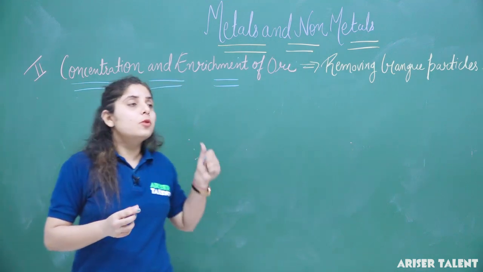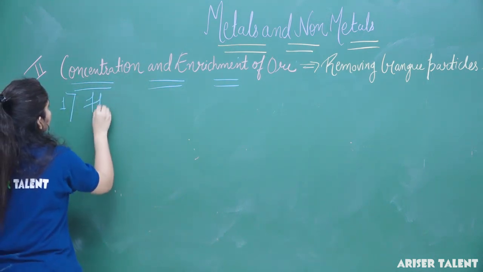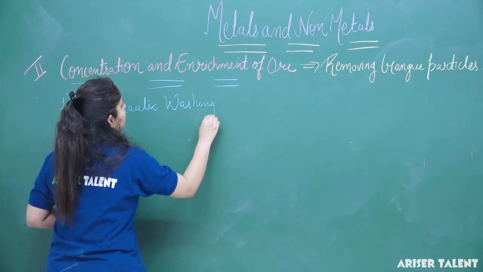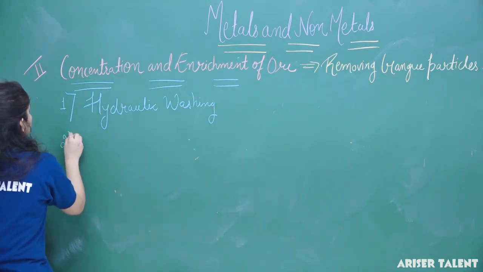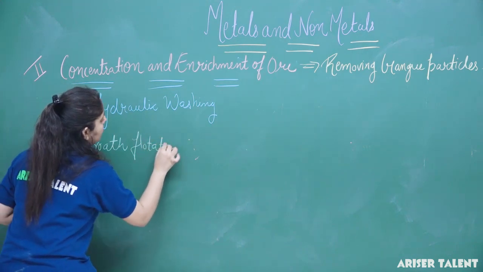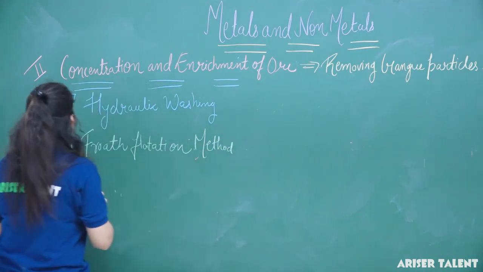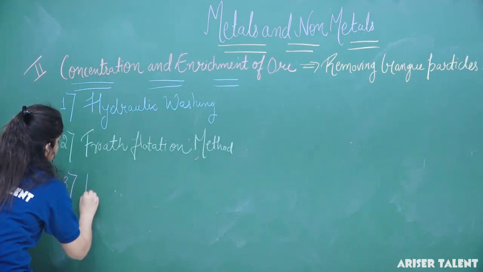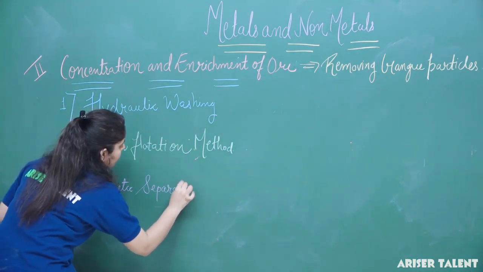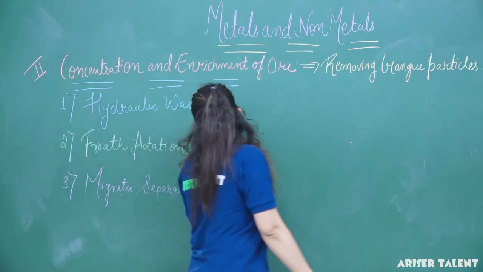So we have three methods here for the concentration of the ores: first method is hydraulic washing, second method we have froth flotation process, and third method we have the magnetic separation method. So now we will deal with all three methods one by one.